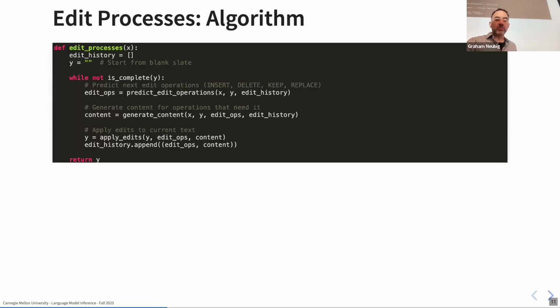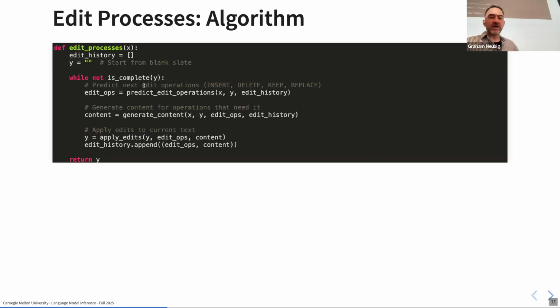So the way the algorithm works is a bit like this. It's closer to the self-refinement algorithm that we had before, with two major differences. The first thing is we have our input and our editing history. We can start from a blank state, or from a state where we have something that we want to go in and edit.